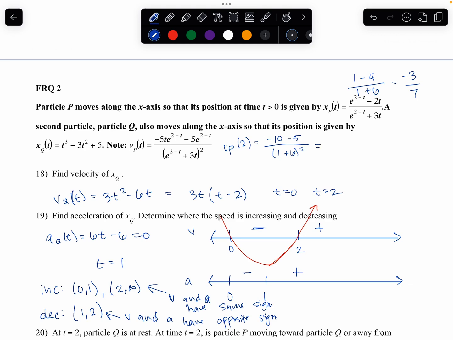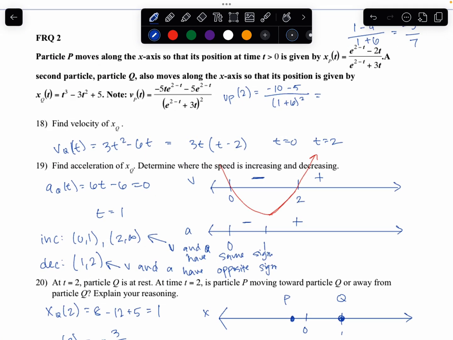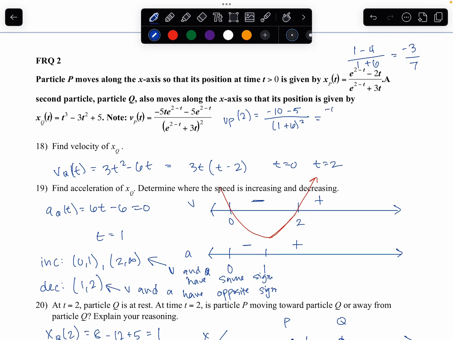So that's negative 15 over 49, right? In any case, it's negative.